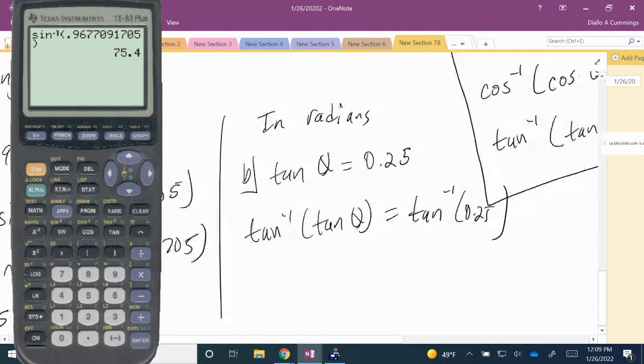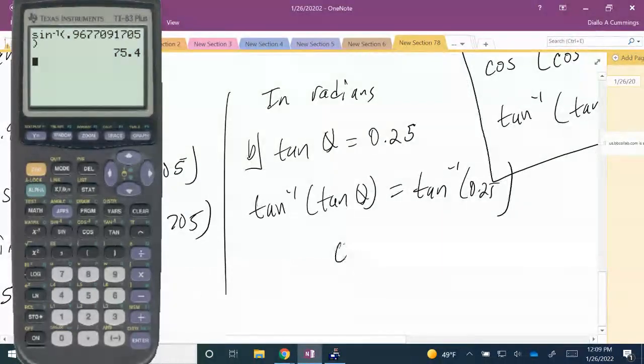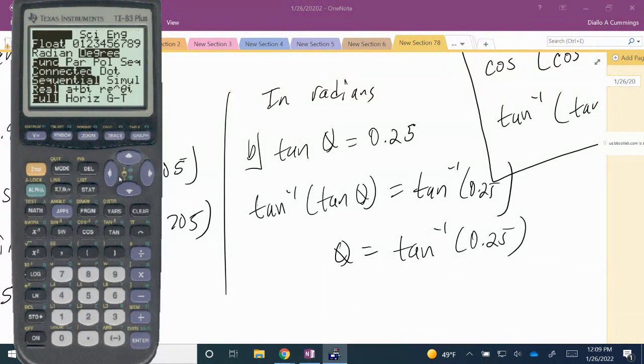On the left-hand side, we have an identity. The arc tangent of the tangent of theta is theta. For the right-hand side, we're going to evaluate that in the calculator. Since we are dealing with a radian measure, we want to make sure that we are in radian mode, so I'm just going to lock that in with enter.